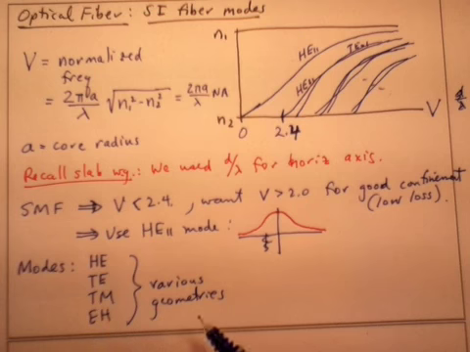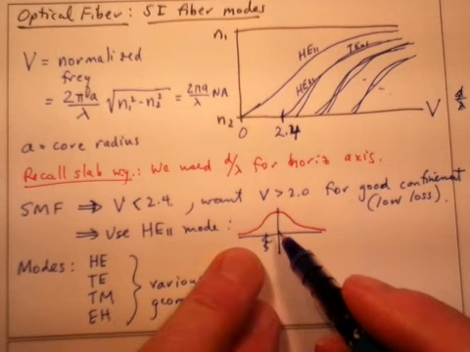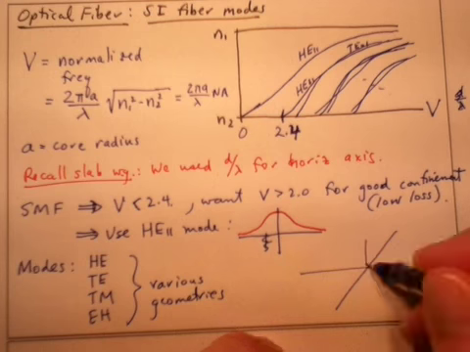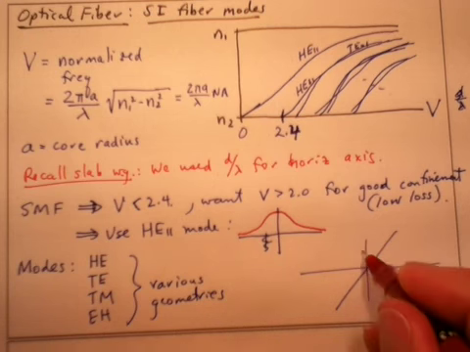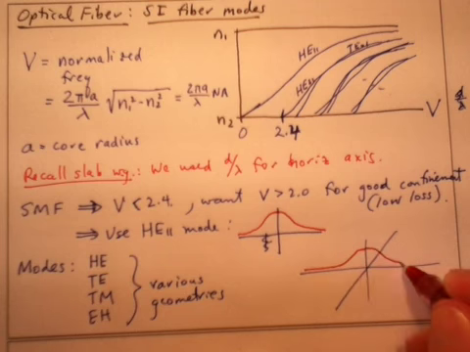I don't think it's really worth trying to figure out all these different modes from a geometry perspective. Maybe I'll go ahead and take this HE11 mode and try to draw it in perspective so that it is circularly symmetric with this Gaussian profile.